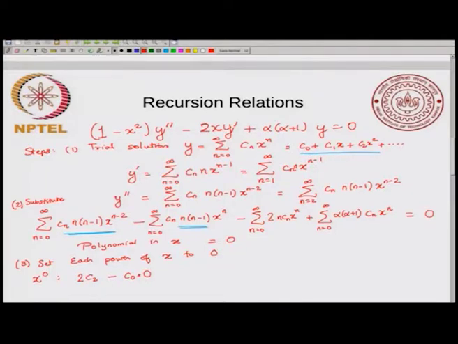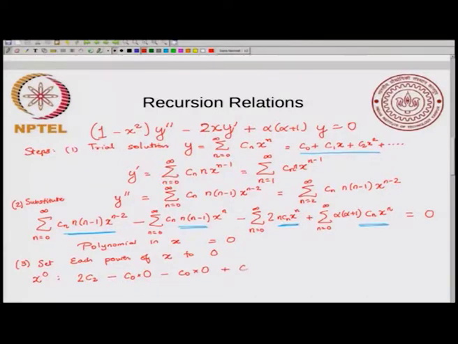Similarly, in the third term, x raised to 0 comes from n equal to 0, and again that will also contribute 0. So, you will have minus C0 into 0. In the fourth term you will have x raised to 0 contribution from n equal to 0. So, when n equal to 0, you will have C0 alpha plus 1.